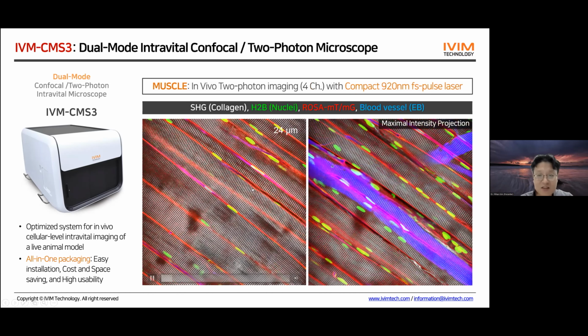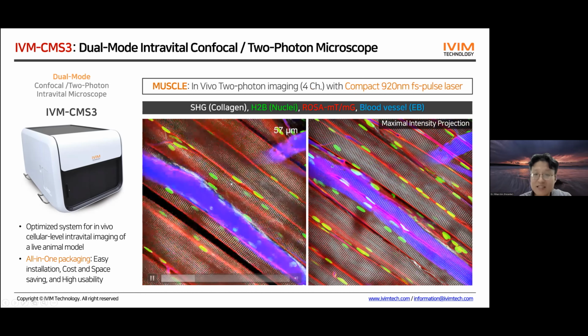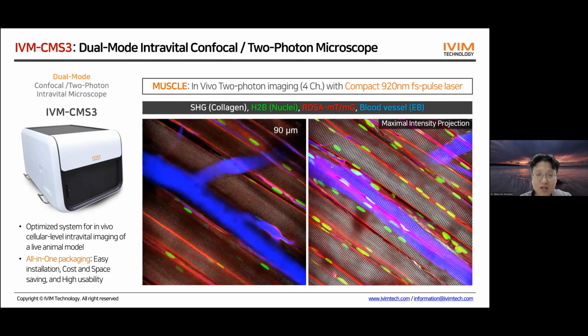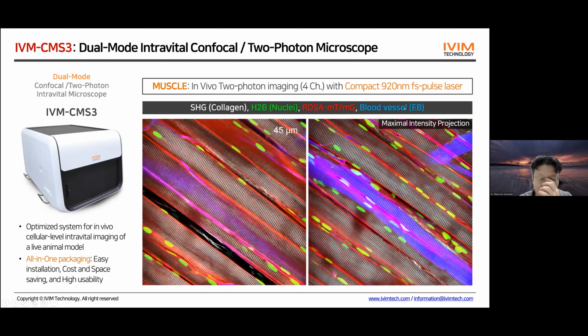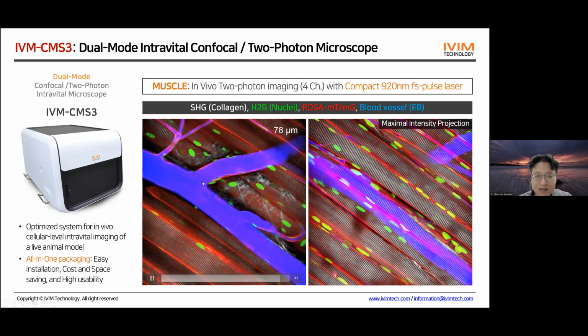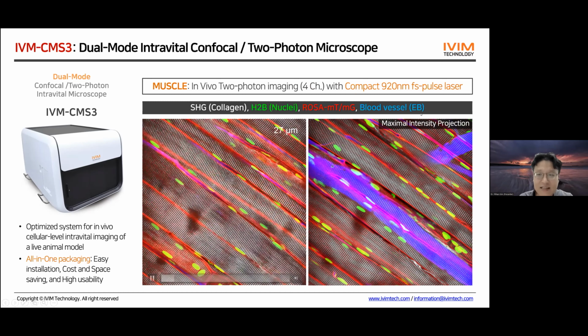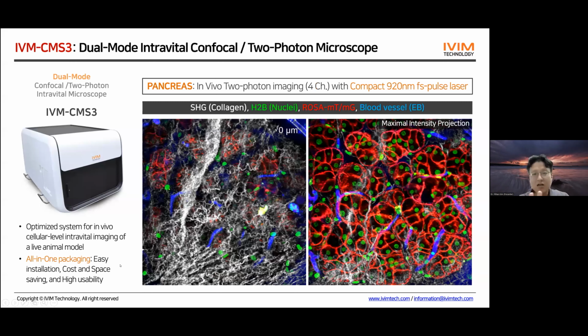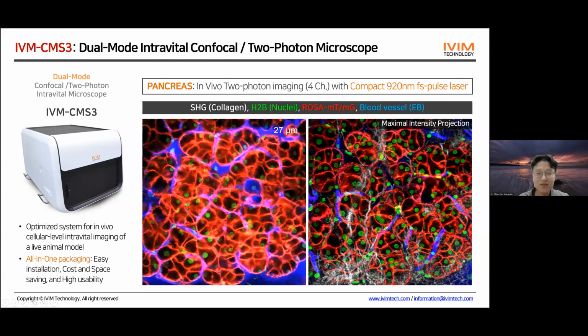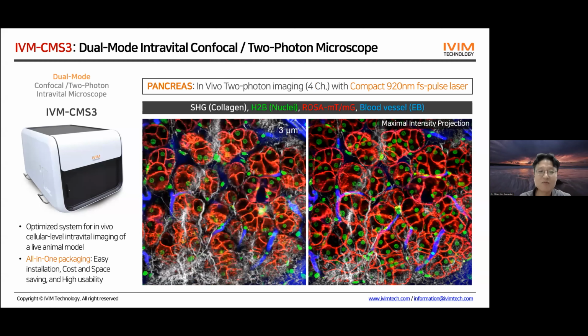And this is again simultaneous fluorescence and second harmonic generation imaging from the skeletal muscle. The blue color is actually blood vessel, labeled by an intravenously injected dye. We can do this four-color imaging in almost every organ and tissue in a live mouse model.